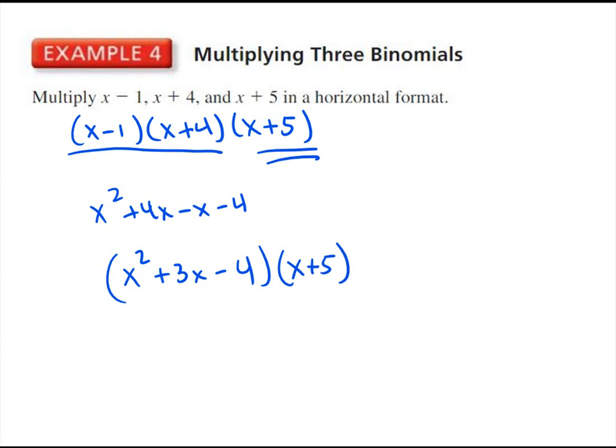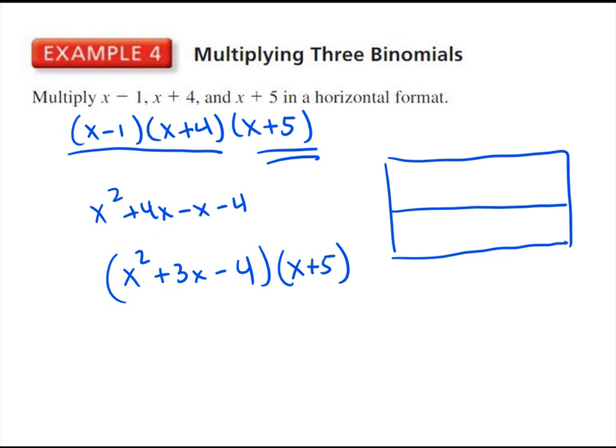And once again, I have a binomial multiplying with a trinomial, so I'm going to make a 3 by 2 box. I think it's just easier that way. Now, if you don't want to use the box and you just want to distribute and combine like terms, that's fine too. I just think the box is easier to organize the information.